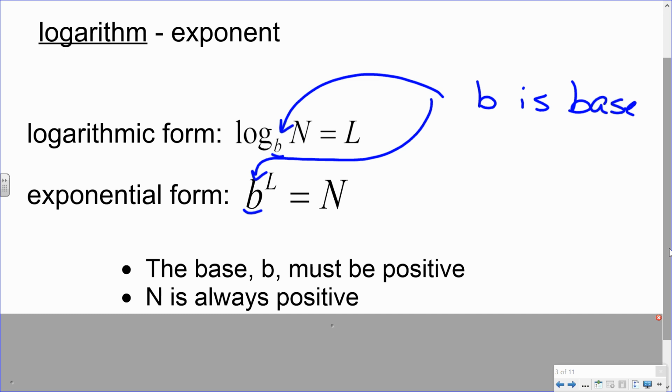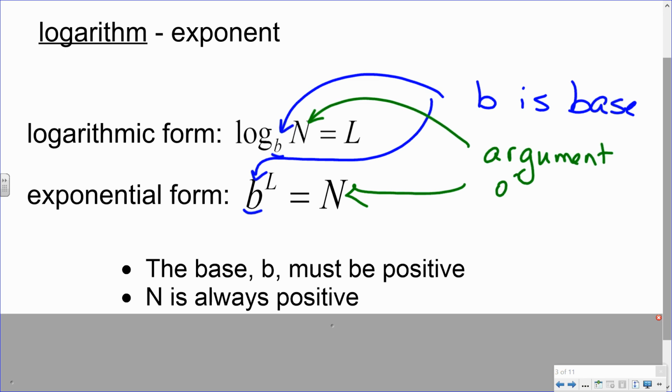We're going to refer to this number n as the argument of the logarithm. Your book will also refer to it as anti-log, but that's a topic that we've chosen not to really work on here, so we have replaced a lot of the anti-log problems in the problem sets with things that are more meaningful for you guys to work on.